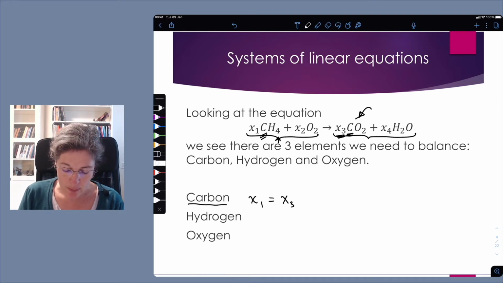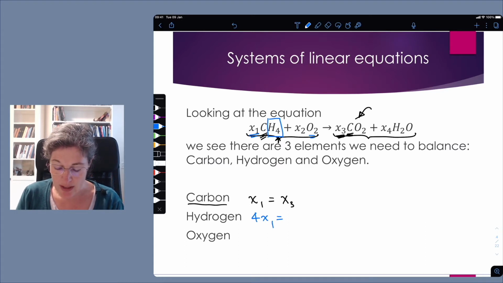If we have a look now at hydrogen, we see that every methane molecule has 4 atoms of hydrogen, and so we're going to have 4 times x1 hydrogen atoms coming from the methane. Our oxygen doesn't give us any hydrogen, so we're just going to look at the right-hand side now.